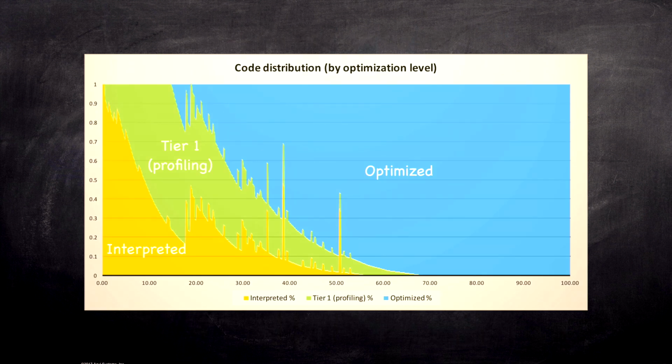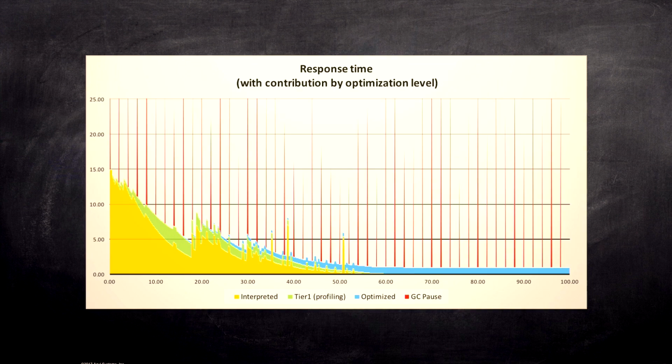You start with slow interpreted code when you just start running, and then it gets faster and faster because the JVM pays attention to it and optimizes it, and eventually all your code you're running is nice and blue and fast. But everything started slow. And to get to the fast, you have to hurt a lot of things. A lot of things need to be slow before they get to be faster. That happens every time you start a new instance. If you look at what that does to response time, it starts slow and gets faster.